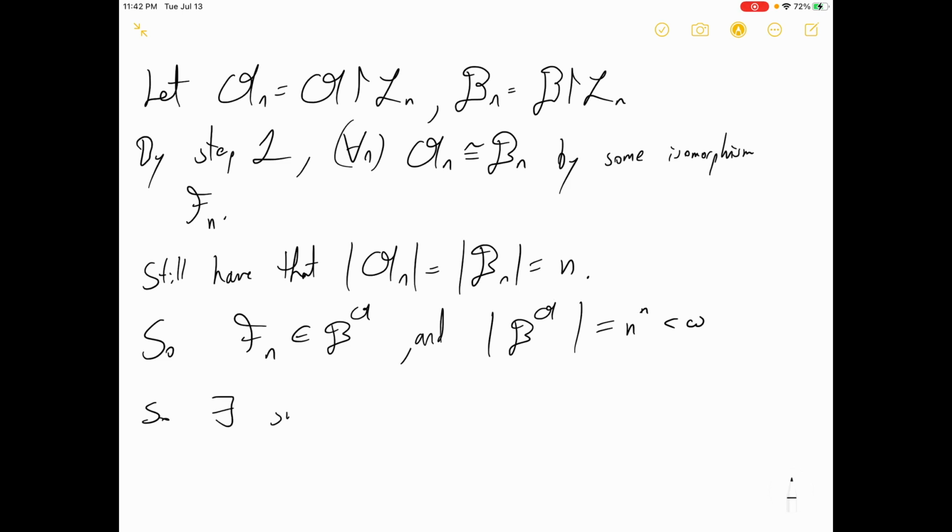So there is a subsequence that stabilizes.